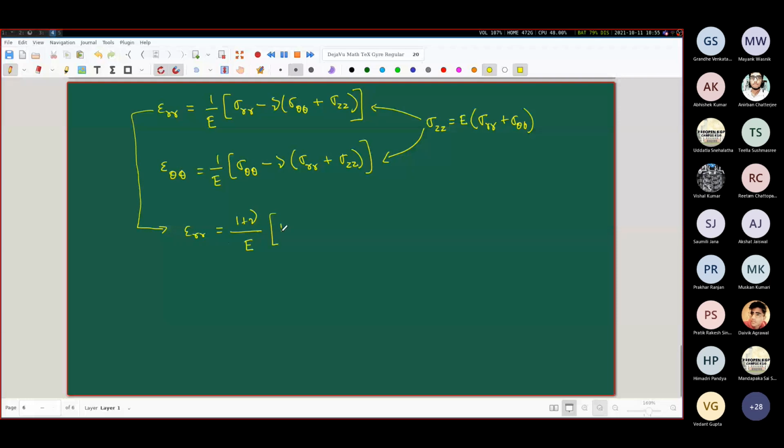You can do this on your own. So sigma rr minus nu sigma theta theta. This is the thing. And from the epsilon theta theta, we are going to obtain this.